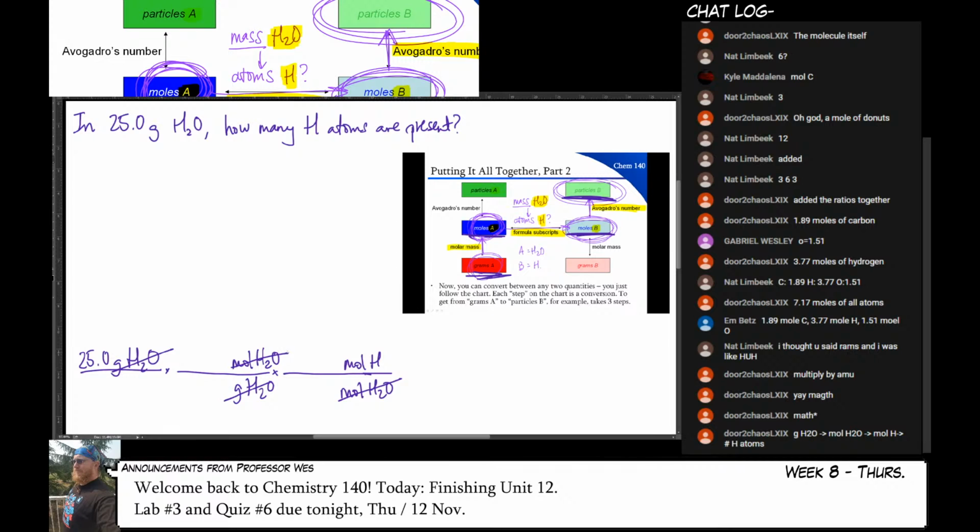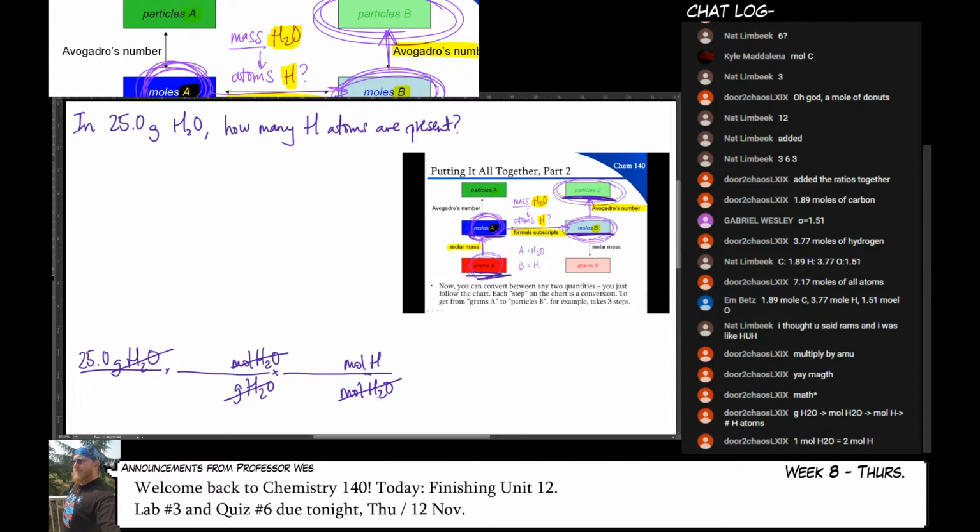And I know how to do that because we just did the section on ratios between molecules and the parts in them. And then once I have moles of hydrogen, I know how many atoms are in that sample. So when I'm done, this will be my answer.